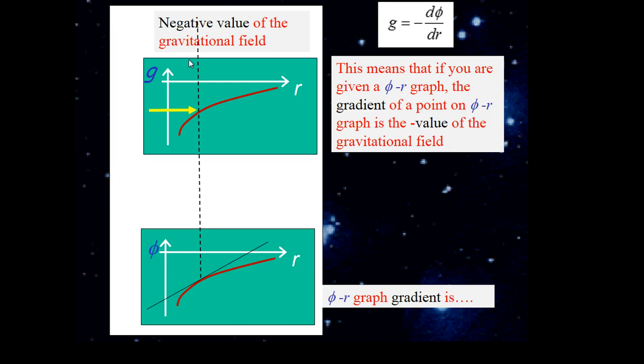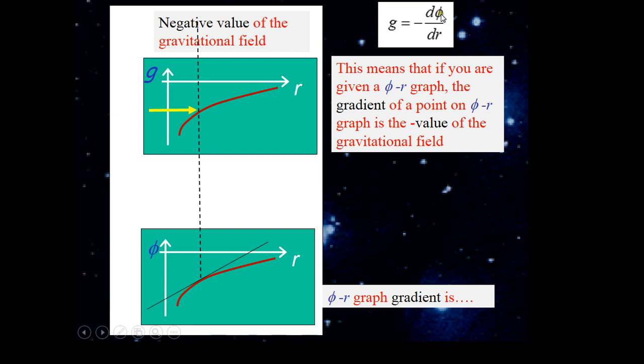Because the mathematical symbols are the same, the analogy will be the same. I only changed from U to phi and F to g by dividing away the mass. Right? F equals mg, U equals phi m.